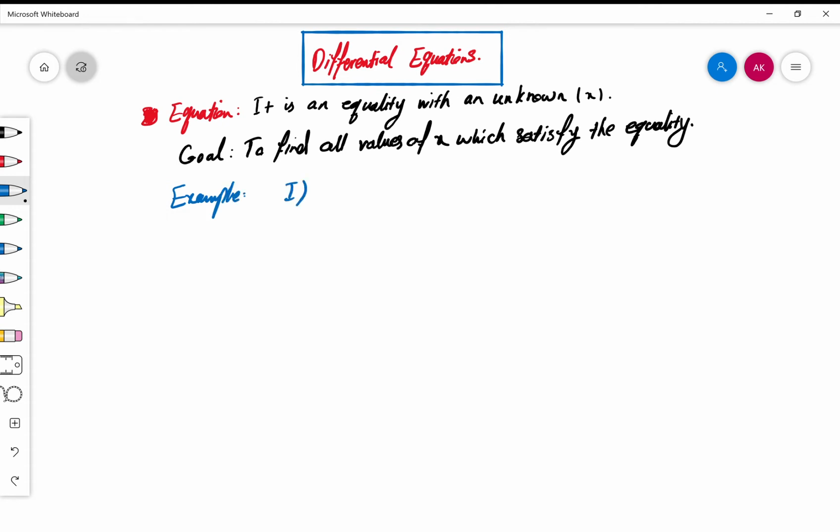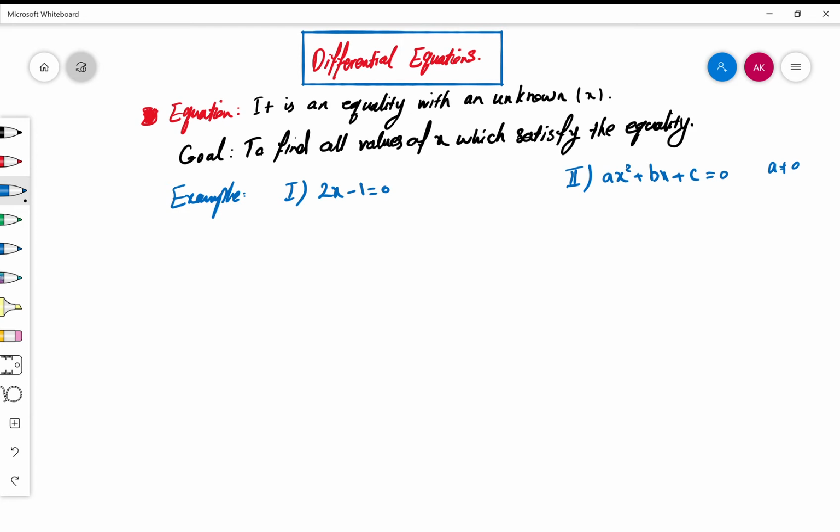For example, we can have a linear equation like this, or we can have what's called a quadratic equation, when a is non-zero. So for those ones you can actually find the solution, something that satisfies these equations.